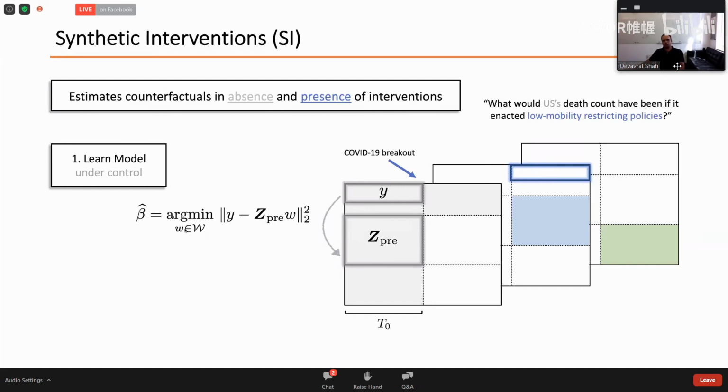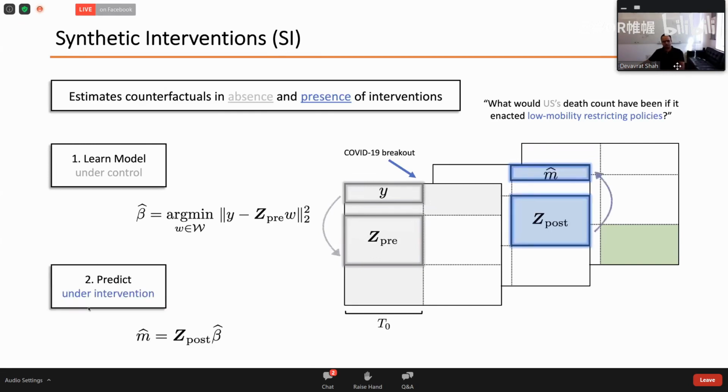And I'm not going to restrict it to the convex combination, or non-negative numbers, and I'll talk about that in a second. But after we learn this relationship, whatever this beta comes out to be, we'll multiply it with these blue outcomes for these units and estimate this.